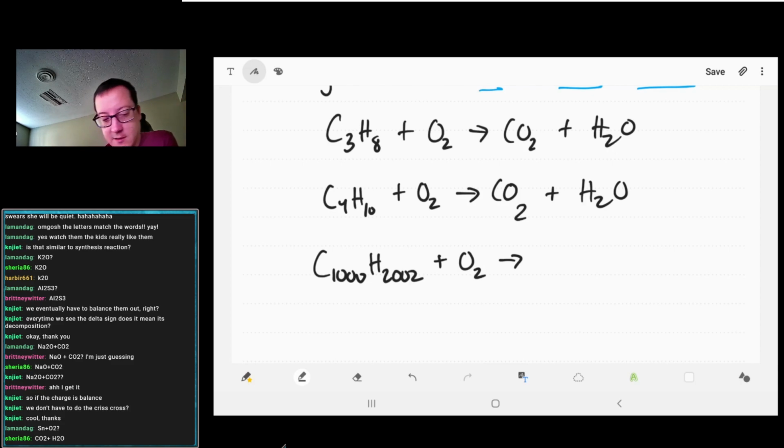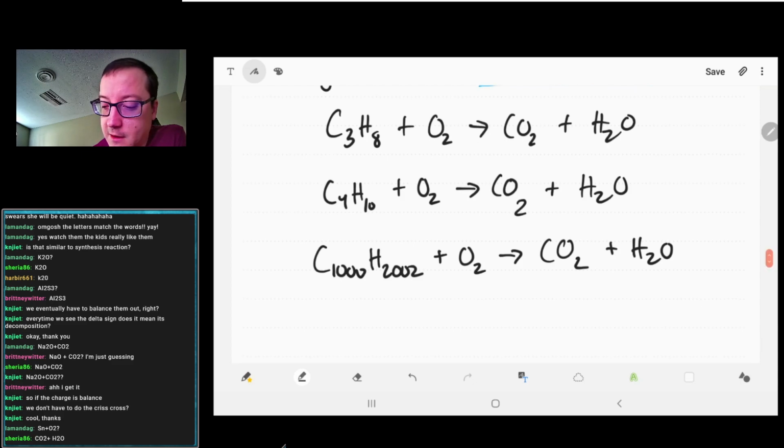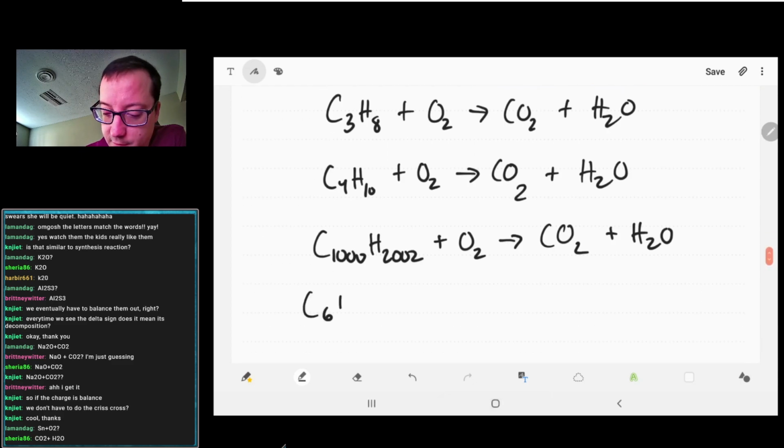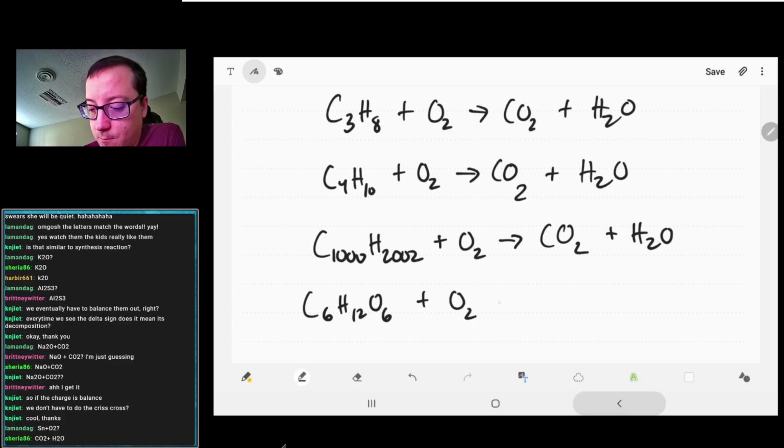Hooray! Yes, Sherry's got it. Your products are always carbon dioxide and water. We could also have oxygen as part of our hydrocarbon. Guess what we would get? Hey, look. It's glycolysis.